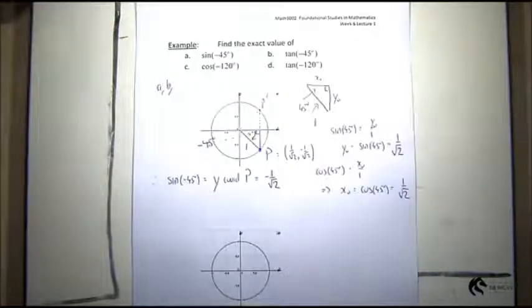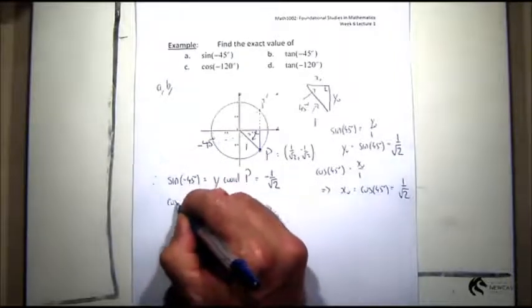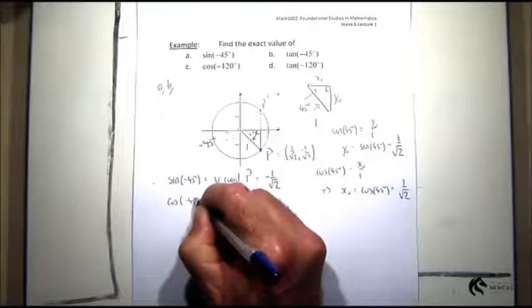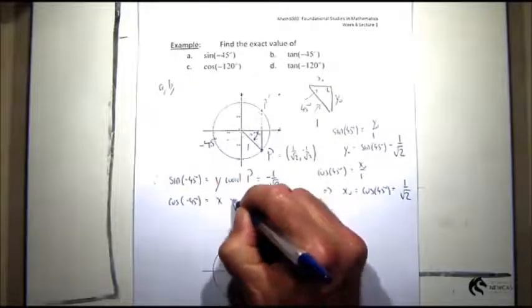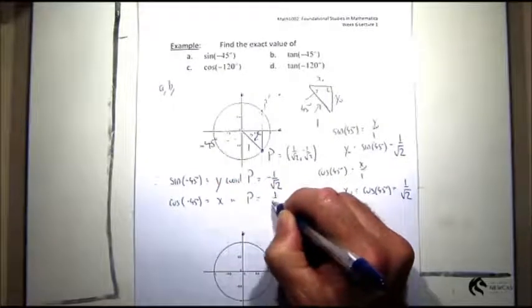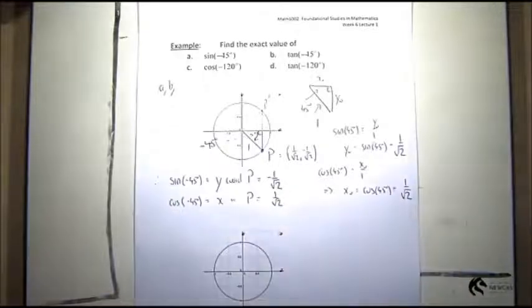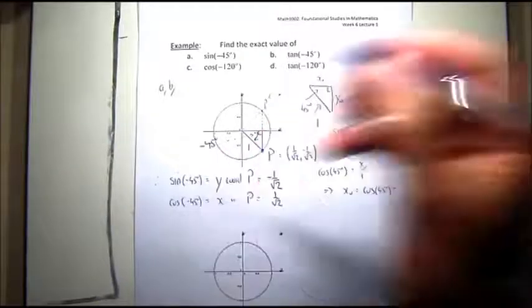To get the tan, I need the cosine, so let me work out the cosine while I'm here. The cosine of minus 45 degrees is the x coordinate of P, and that is 1 on the square root of 2. And lastly, to find the tan, I work out sine divided by cos.